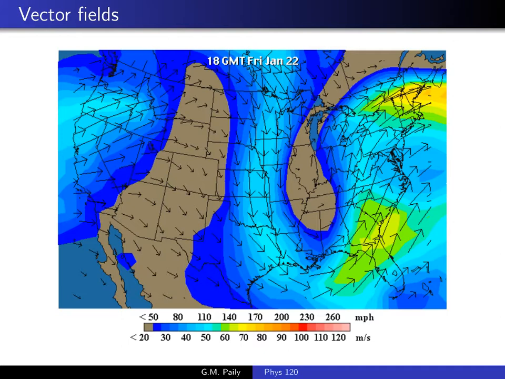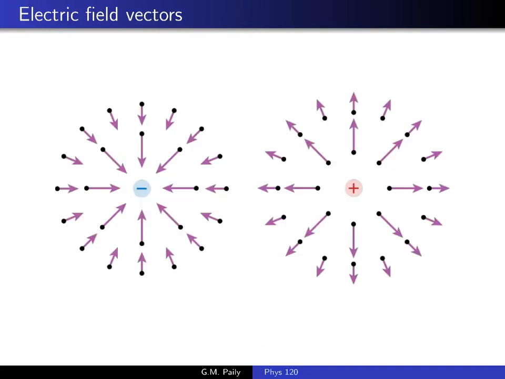This is a map of the wind across the United States. Here are some more vector field diagrams. These are the vector field diagrams for the electric field around a positive charge and around a negative charge.